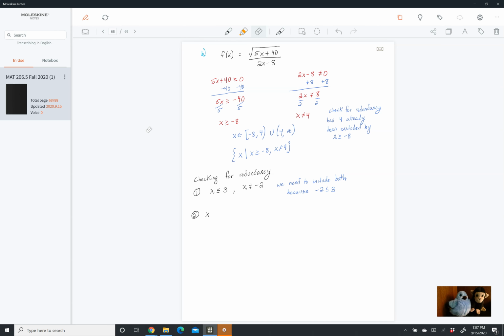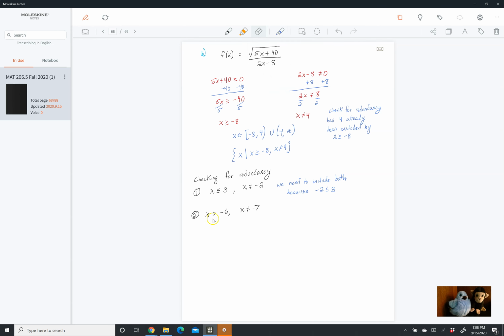Let's say that we had x greater than -6 and x not equal to -5. Actually, I'm going to change this to -7. Okay, x not equal to -7. So the question is, is it redundant?